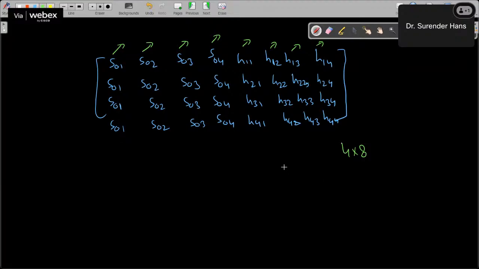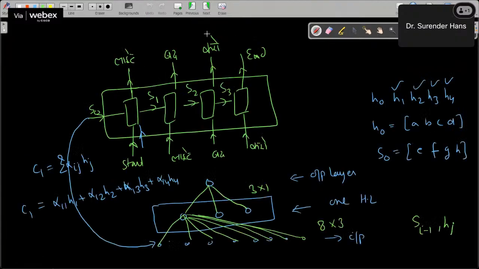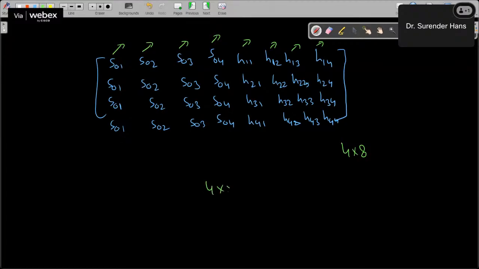And what will happen in forward propagation? This matrix will be the dot product with the weight, which is 8 cross 3. So 4 cross 8 with 8 cross 3 gives 4 cross 3.